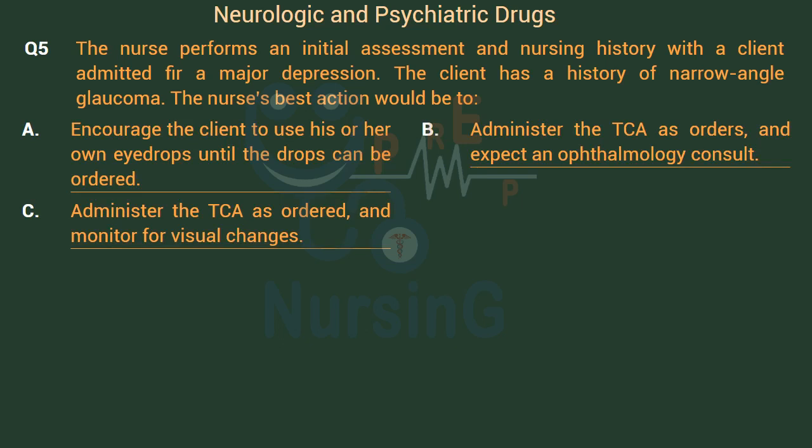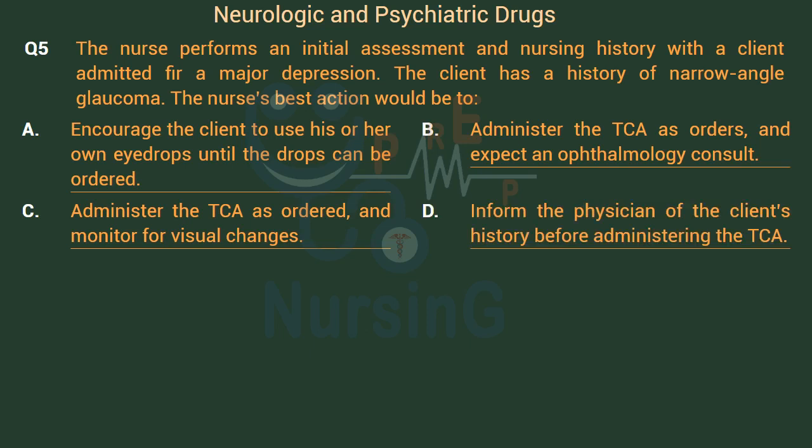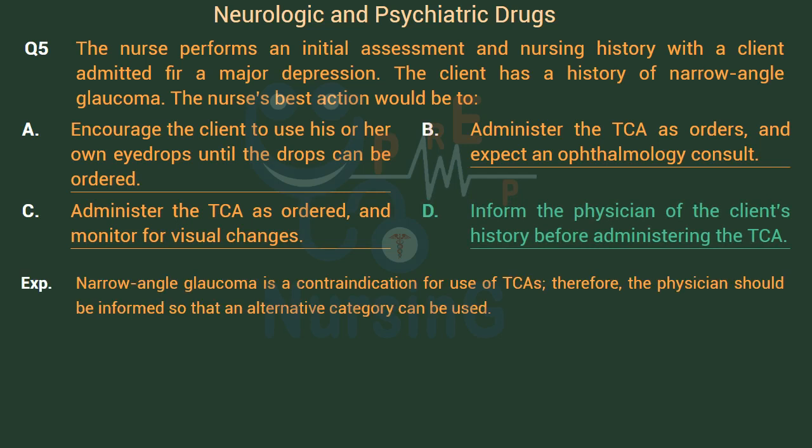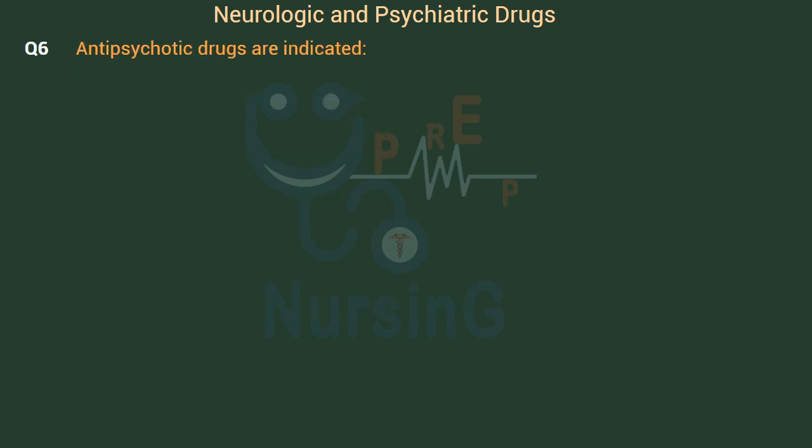Option C. Administer the TCA as ordered and monitor for visual changes. Option D. Inform the physician of the client's history before administering the TCA. Right answer is option D. Inform the physician of the client's history before administering the TCA. Narrow-angle glaucoma is a contraindication for use of TCAs. Therefore, the physician should be informed so that an alternative category can be used.